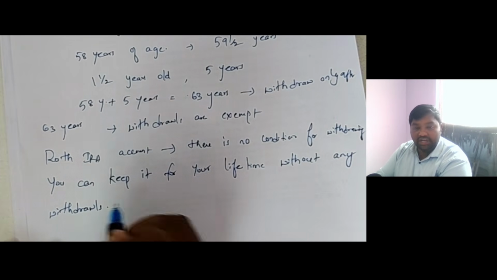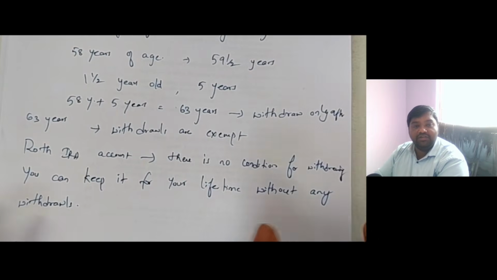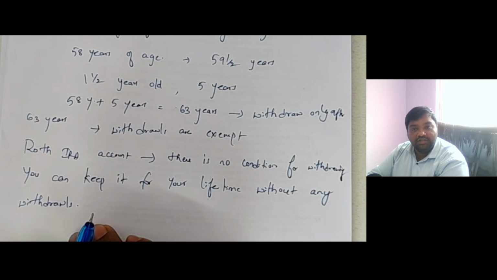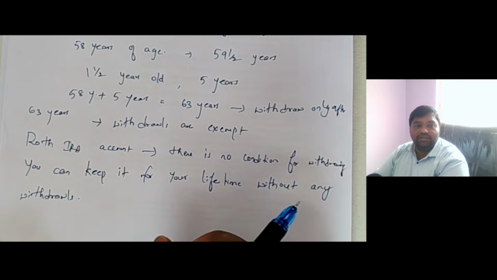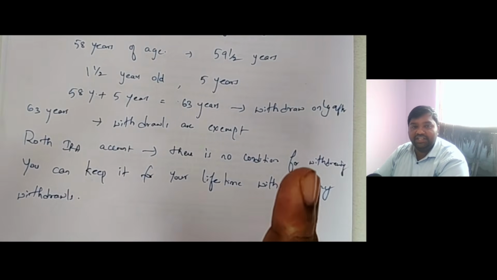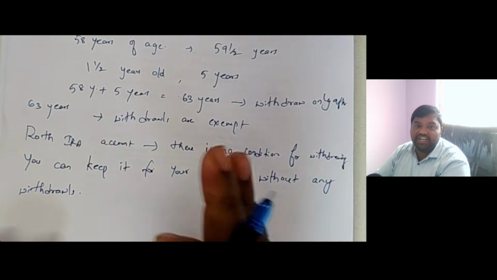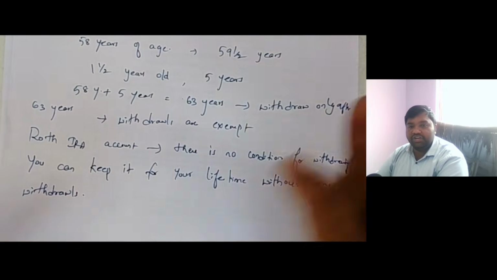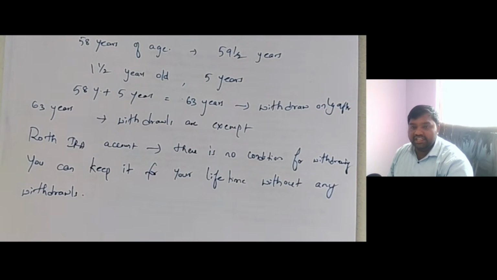It means you can make the money grow in this Roth IRA account for your children, for your next generation. So no need to withdraw it, you can keep the account like that, and whoever is inheriting your property, they can take care of it.